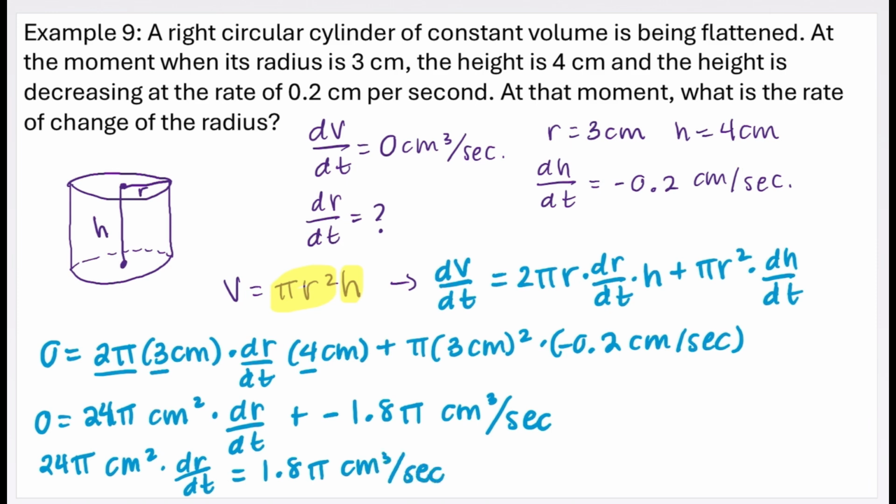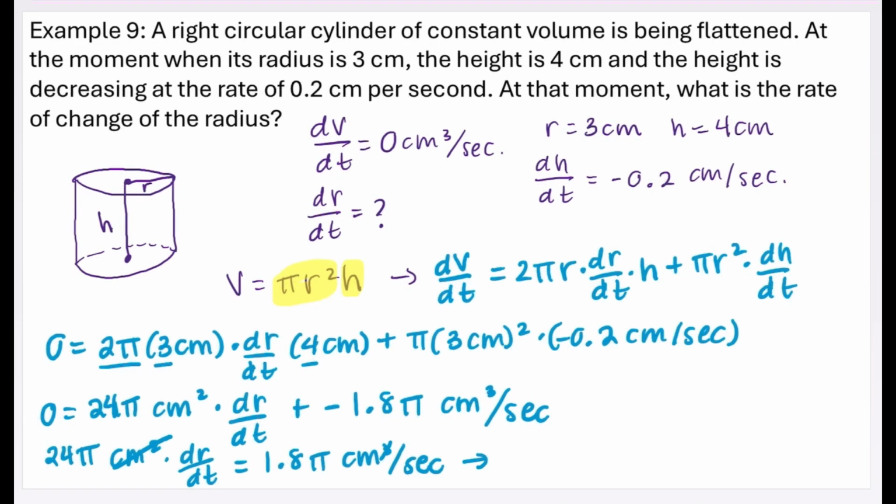And if I divide by 24 pi, I'm going to get 1.8 over 24. The pi's will end up canceling out. Also, the centimeters will cancel out. So my final answer for dr/dt is going to be 1.8 over 24 centimeters per second.